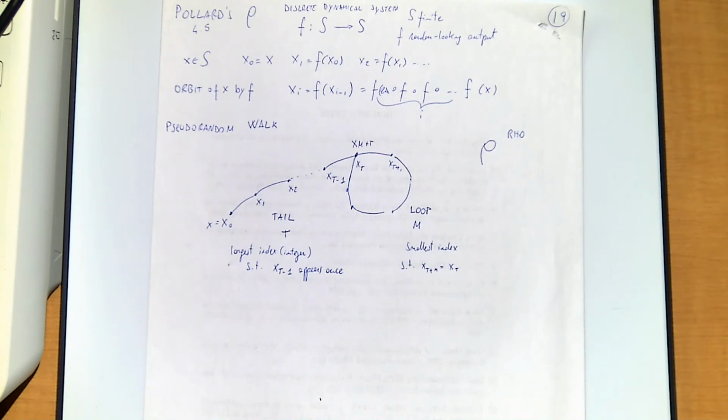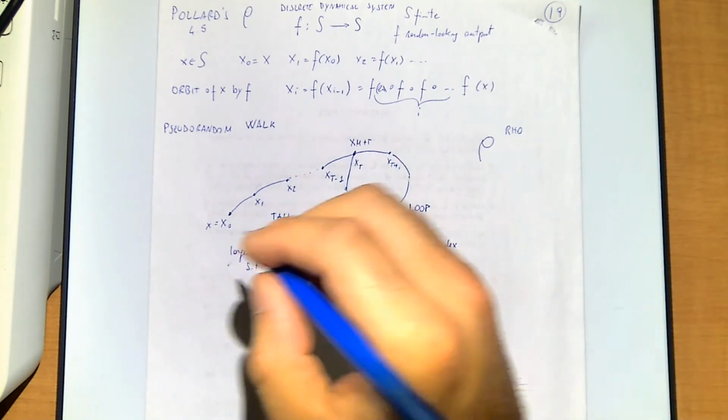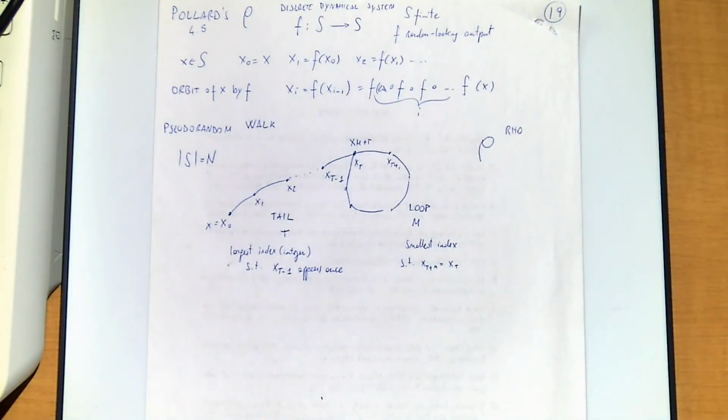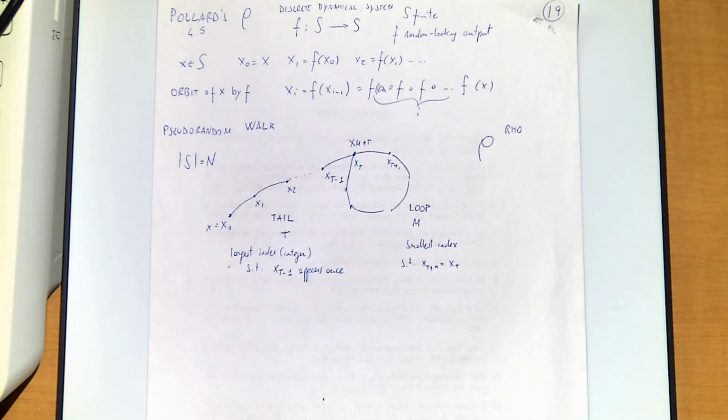Now, let's suppose that the cardinality of S is, let's say, big N. So it's got N elements. So usually the interesting property, of course, what's the intuition here? You like the loop, because that is a collision.